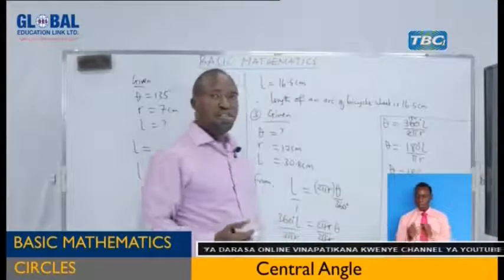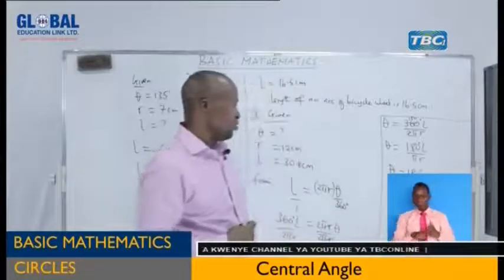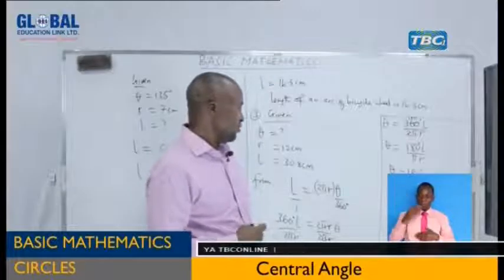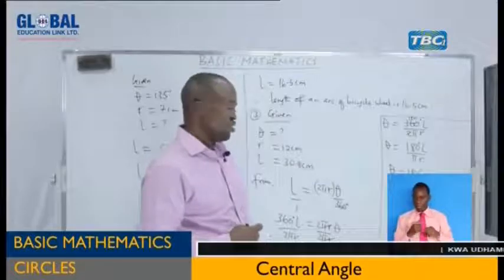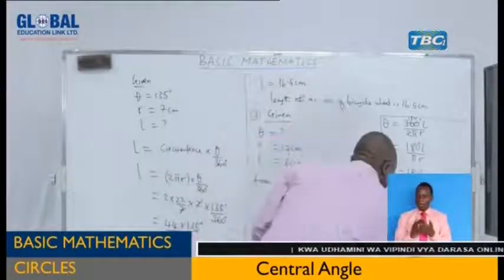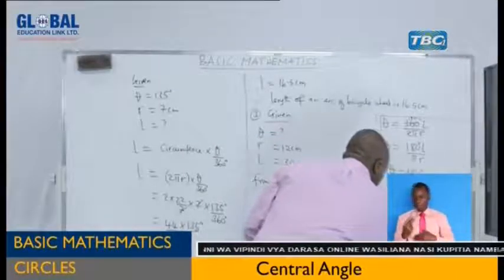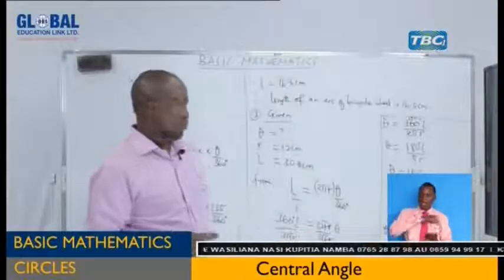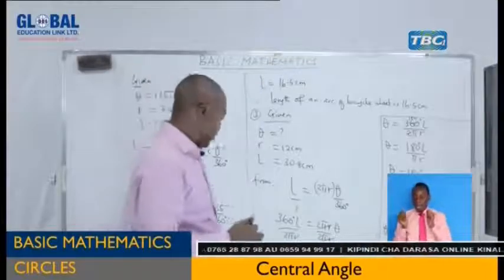So dear students, you just simplify this product of numbers, that is 180 times 30.8 times 7 divided by 22 times 12. The answer will be, so the central angle theta will be equal to 147 degrees.